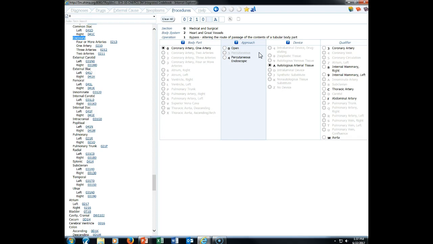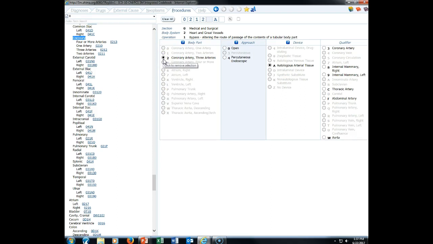If we look at this example of a CABG, this was 3 coronary arteries. They used the greater saphenous vein, and it was harvested with an endoscopic approach. So for this, because all 3 of these bypasses used the same material, which was the saphenous, we can choose coronary arteries, 3.